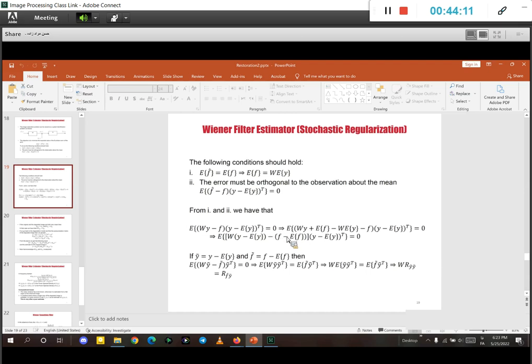That means substituting, for example, Wy minus f, and plus and minus these two items. These two items are the same, plusing and minusing: the expected value of f minus W times the expected value of y.